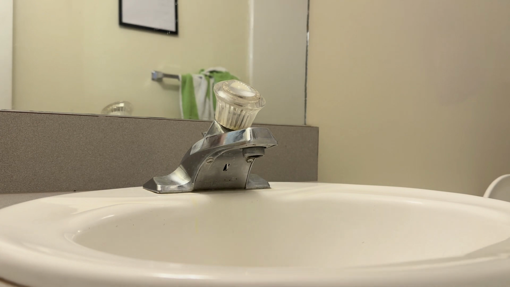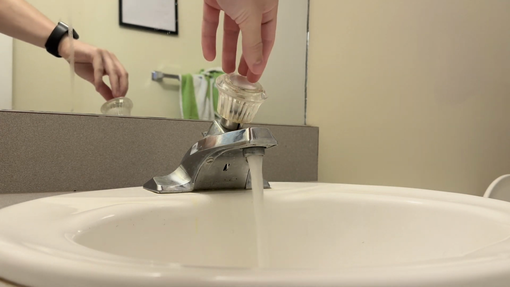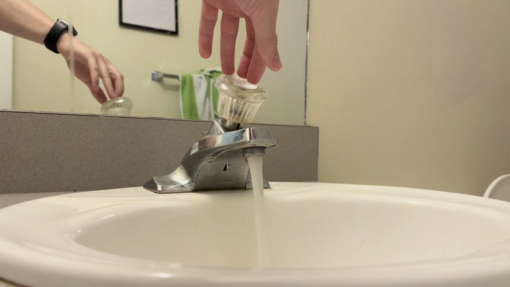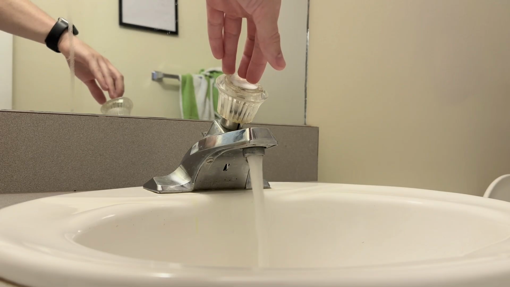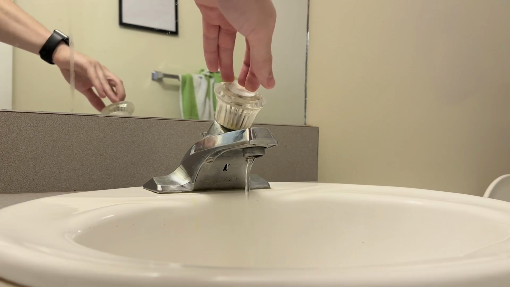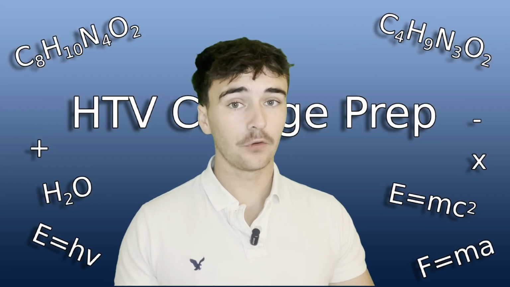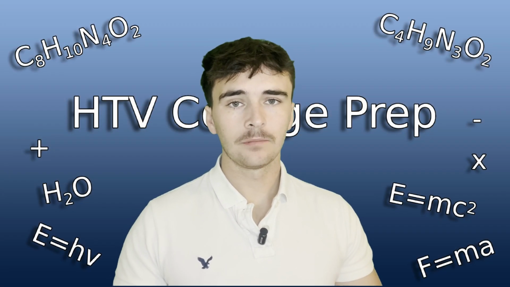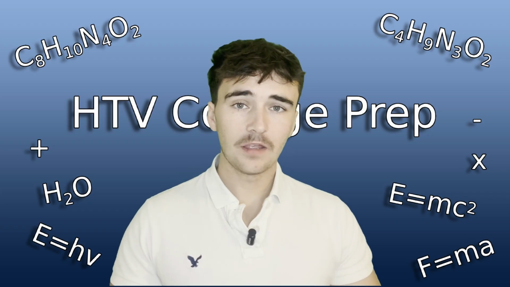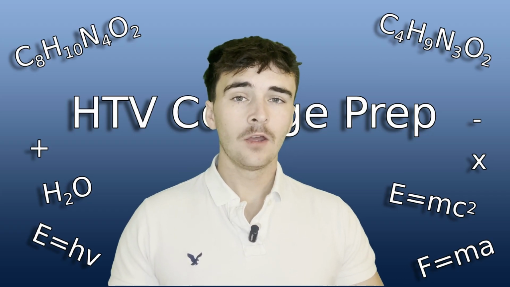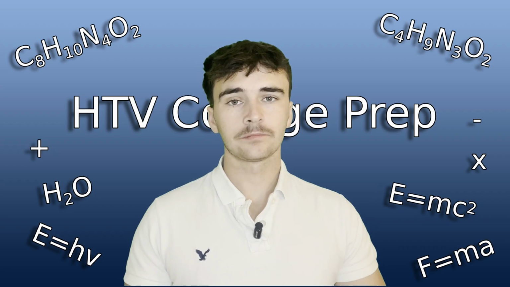And the amount of water actually coming out of the sink is the current. So the pressure of the pipes is the voltage, and the amount of water coming out of the sink per second is the current.